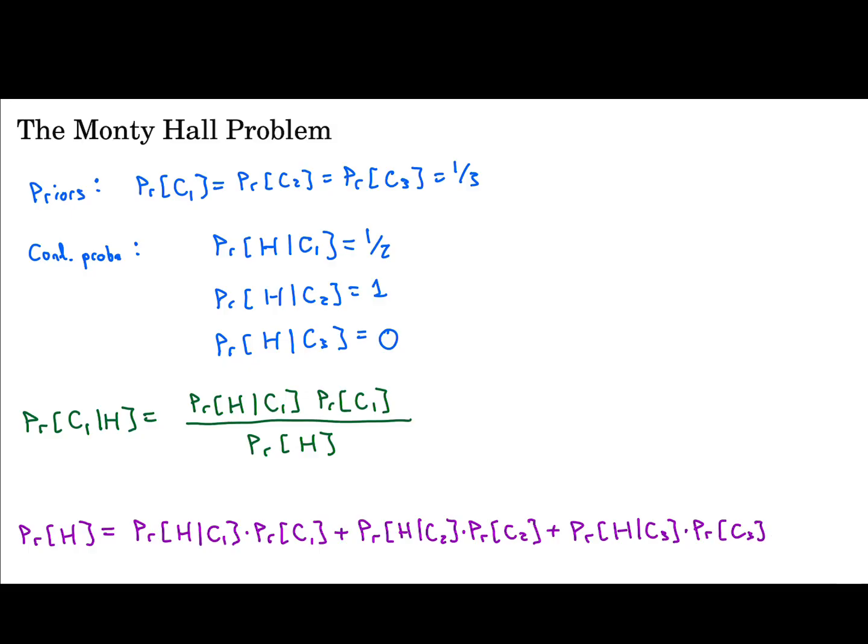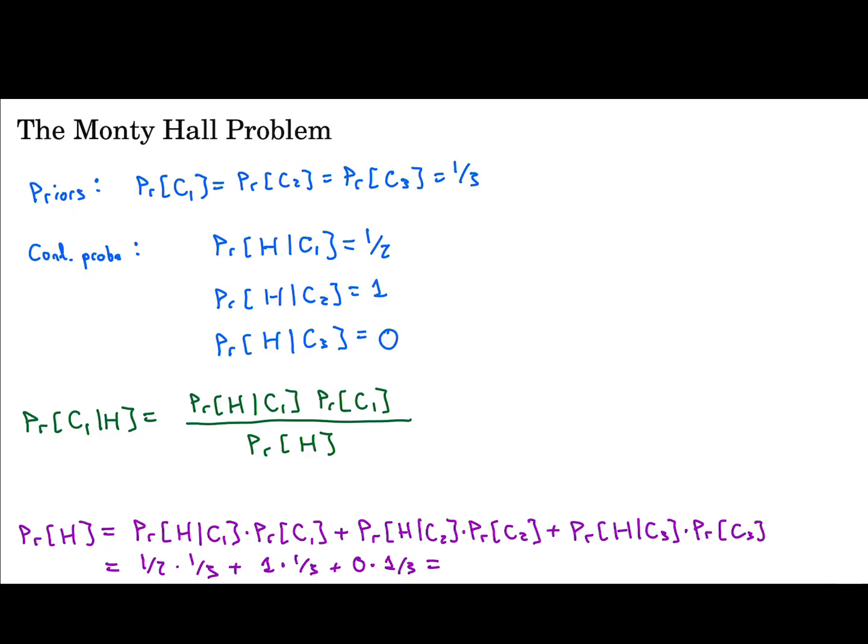And so now, if we compute these, h given c1 is half, times c1 which is 1/3, plus h given c2 is 1, times c2 which is 1/3, plus the probability of h given c3 is 0, times 1/3.